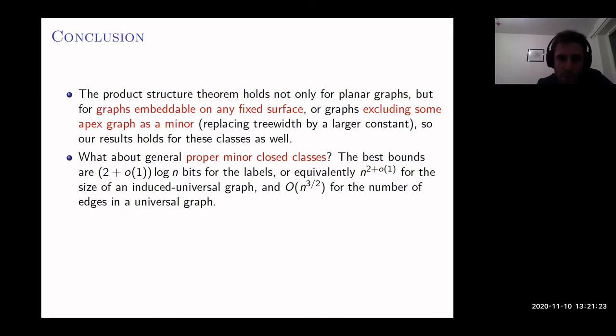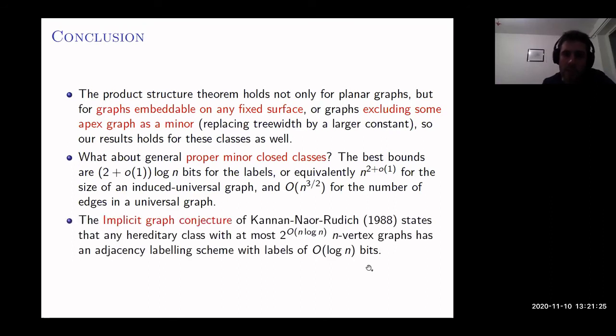And let me conclude with a related question. It's called the implicit graph conjecture, a conjecture of Kannan, Naor, and Rudich. The conjecture says that for any hereditary class, which means that whenever you remove vertices, you remain in the class, if the class doesn't contain too many graphs on n vertices, so at most 2 to the O of n log n, which is the case for interval graphs, for instance, then there is an adjacency labeling scheme with labels of size at most O of log n.